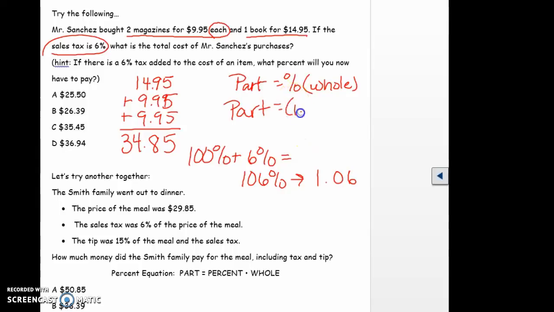So that's what we're going to use for our percent, 1.06. And his whole is the amount he paid at the bookstore, which is $34.85. When I get done multiplying those 2 items together, I find out that he has to now pay $36.94. That answer is letter D.